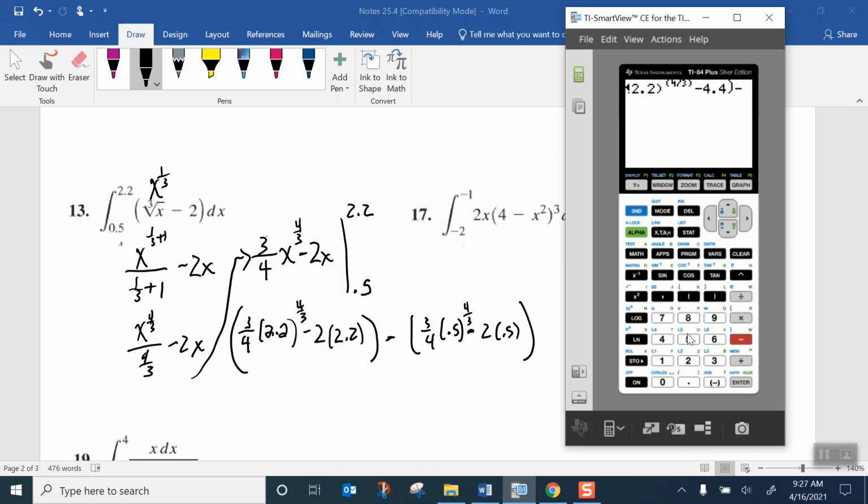Then we're going to take minus parentheses 3/4, which is 0.75, times 0.5 to the power of 4/3, parentheses around your power, minus 2 times 0.5, which is 1. Close the parentheses. I just want to go back and make sure I've got everything typed in right. Okay, hit enter, and we get a negative 1.55166.